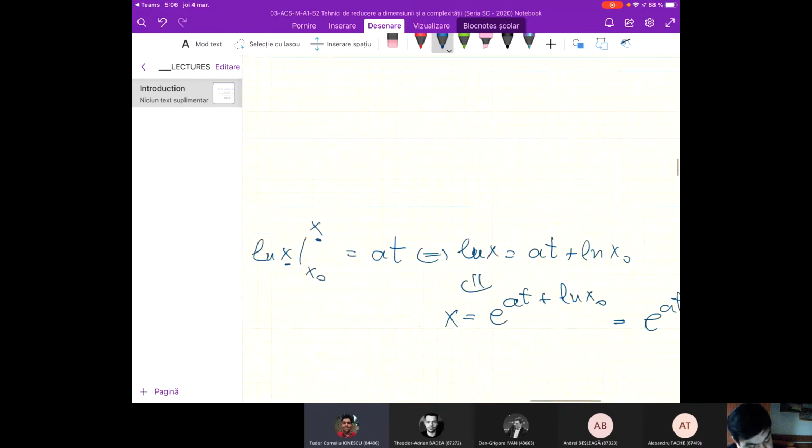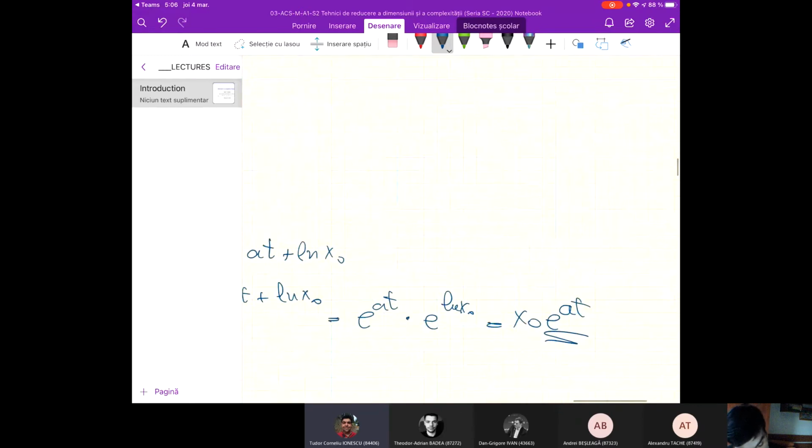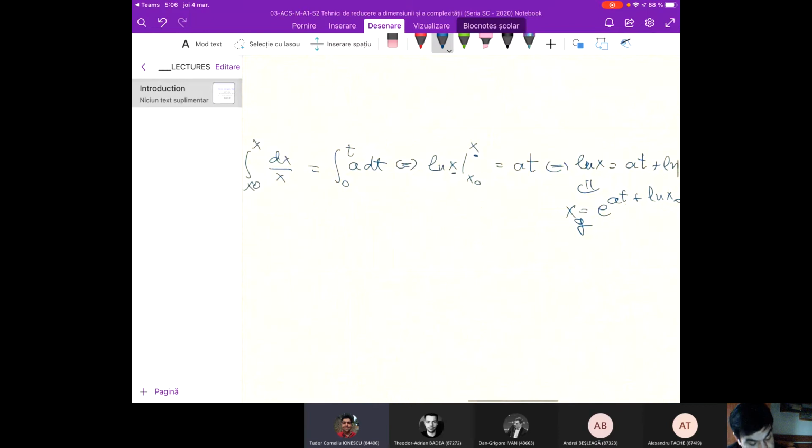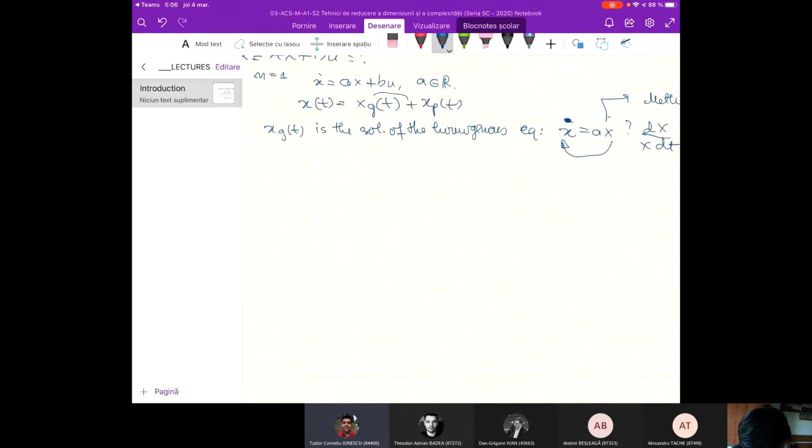So this is the general solution, xg. We have this part of the solution, and we now need the other part. The theory tells us, and I'm not going to get into detail, that it's like the general solution but changed.